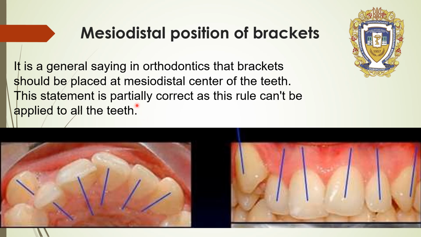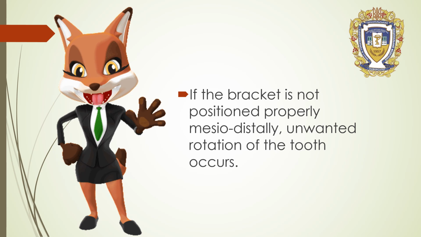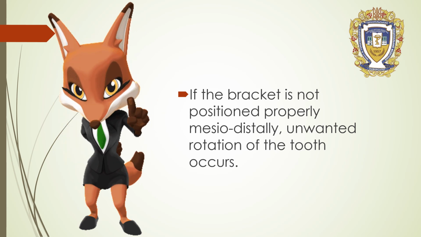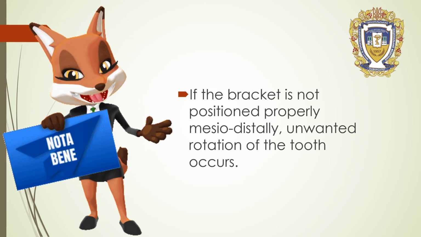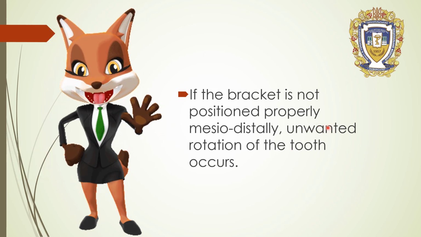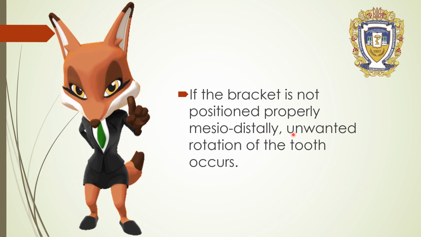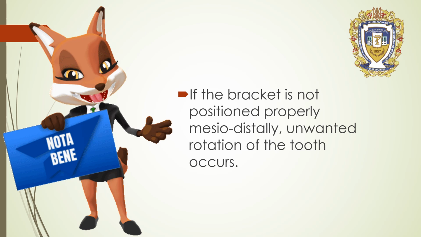This statement is partially correct, but only partially, as this rule cannot be applied to all teeth, to all groups of teeth. What does it mean? Please, nota bene. If the bracket is not positioned properly mesiodistally, unwanted rotation of the tooth occurs.